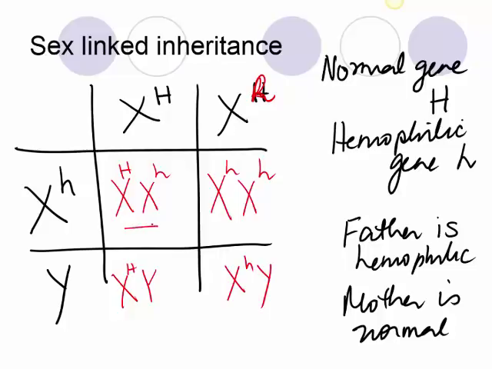This one is a carrier. This one suffers from the disease because she's got both of these little h's. This guy is normal. This guy suffers from the disease. So for a woman to suffer from the disease, she should get the gene from both parents. Got that?